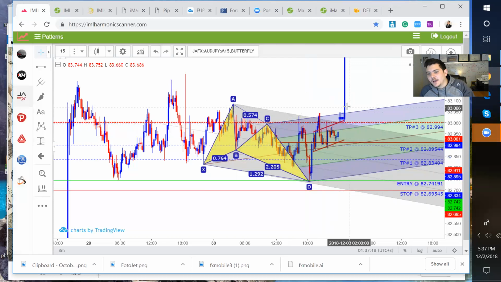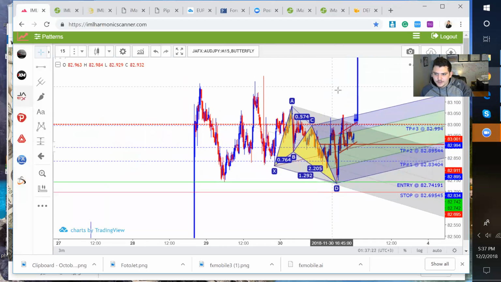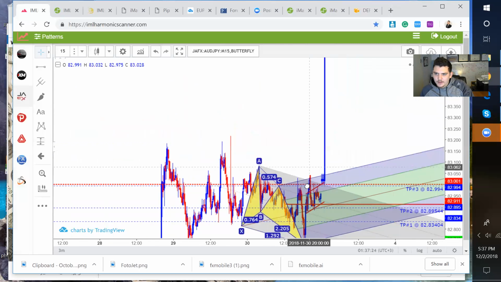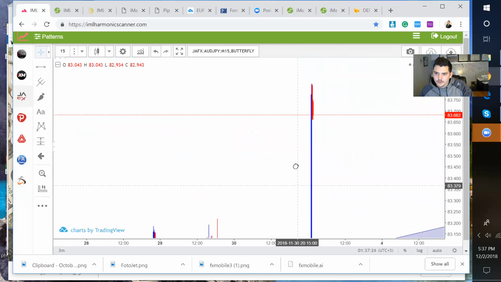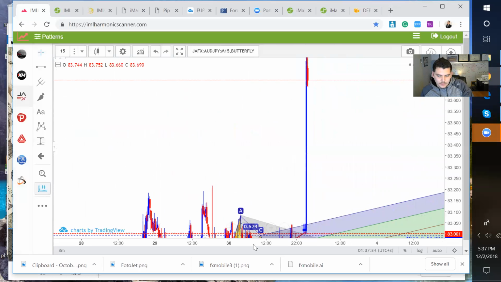And so this is pretty crazy because I was able to call this huge buy. And it's ridiculous, because if you get in here with a small stop loss of like 5 or 10 pips, I mean, you're talking 77 pips.